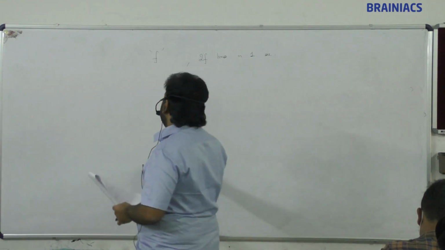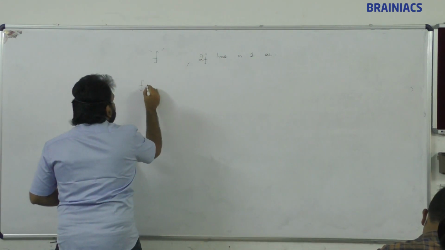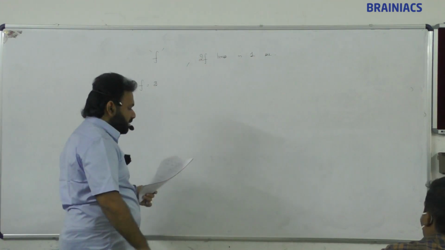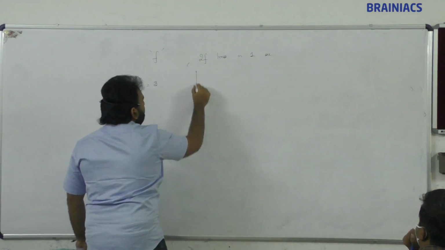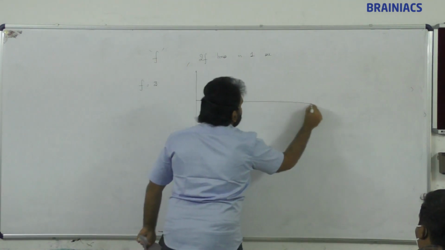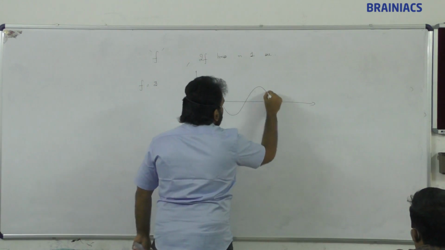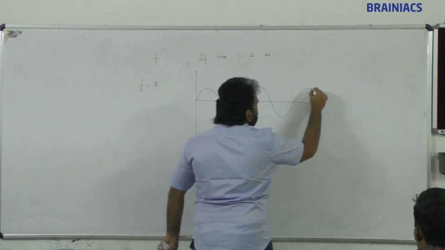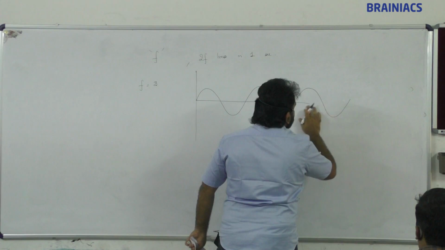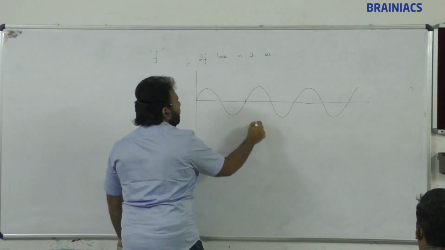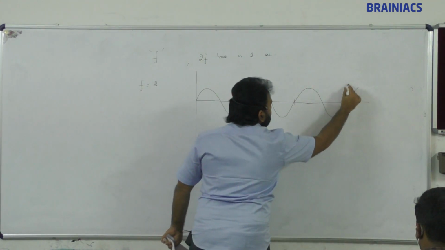Say for example, let us say frequency is 3. Frequency is 3 means how many waves should I draw? 1, 2, 3. So 1 here, 2 here, 3 here.